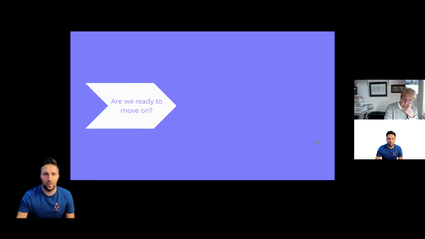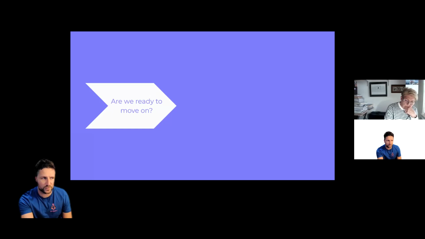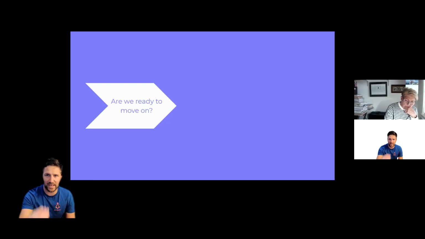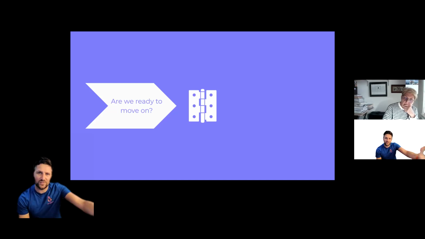So, for example, I'm considering, are we ready to move on? Am I confident that the student is at a stage where we have the information we need to move on? And that's where this hinge question comes in. It's a question deliberately designed to consider whether the student is ready to move on to the next stage.